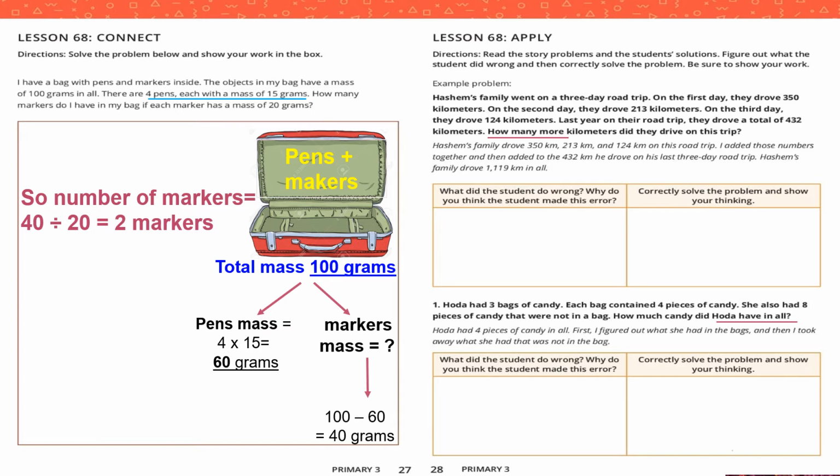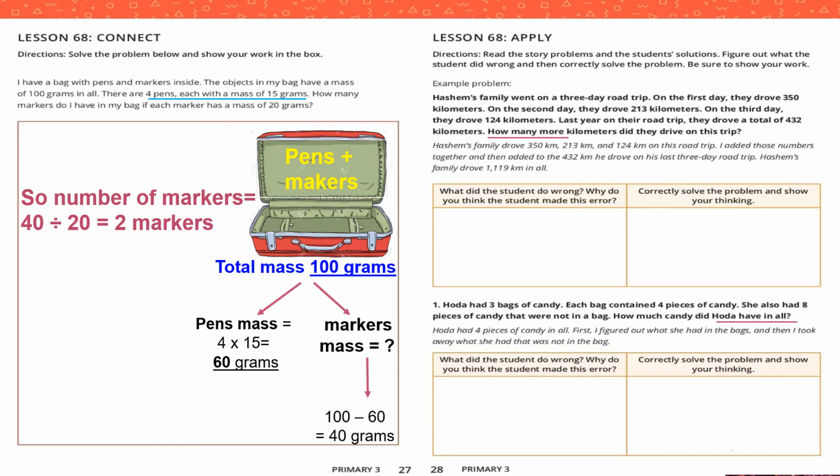Hashim's family drove 350 kilometers, 213 kilometers, and 124 kilometers on this road trip. The student added those numbers together, then added them to the last year trip.